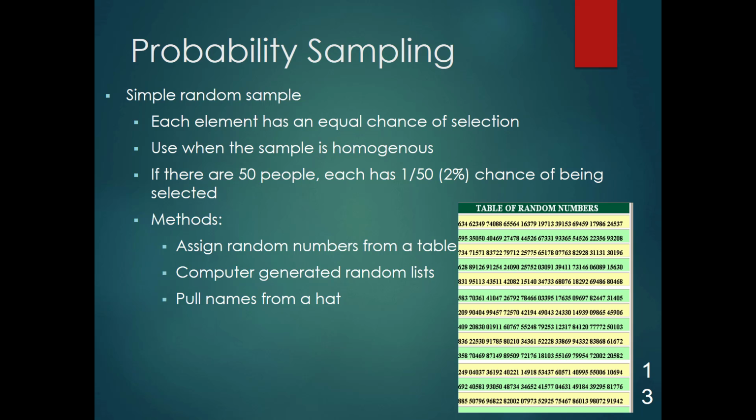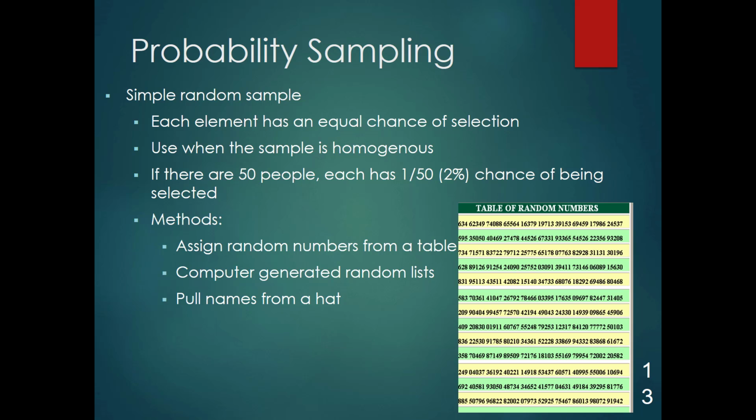A more common method of simple random sampling is the random numbers table. Here's an example of the table of random numbers. You can also find it on page 233 of your book. With the random numbers table, you would select a random start.